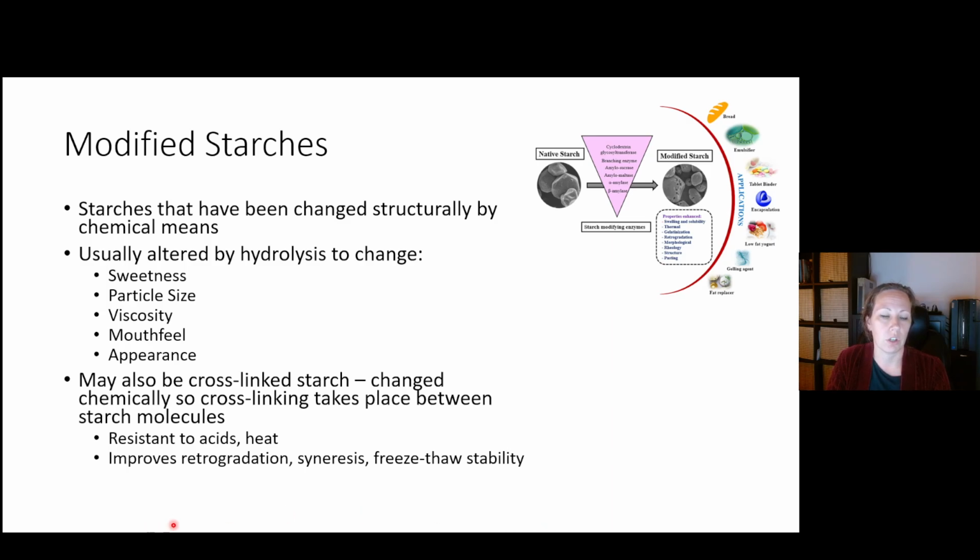This special starch also improves retrogradation and syneresis, so that you can store it without water leaching out, or without the molecules being squeezed so tightly during the retrogradation process that water is squeezed out. It also improves freeze thaw stability, so that it maintains its structure even when it is frozen and then thawed.